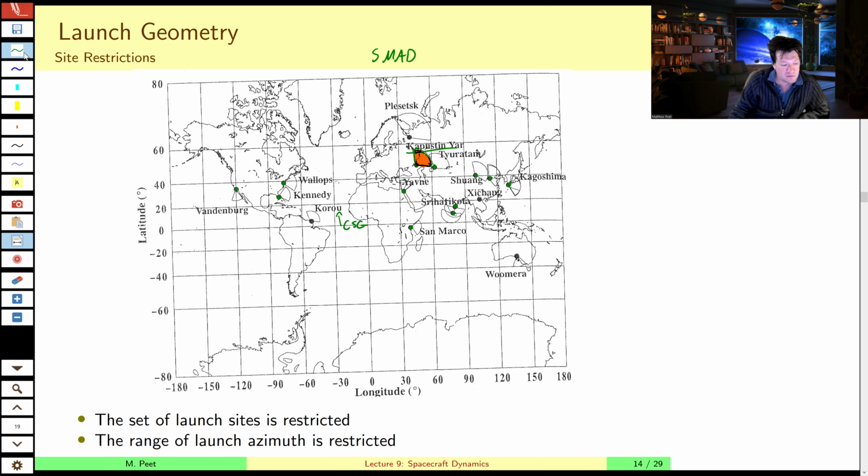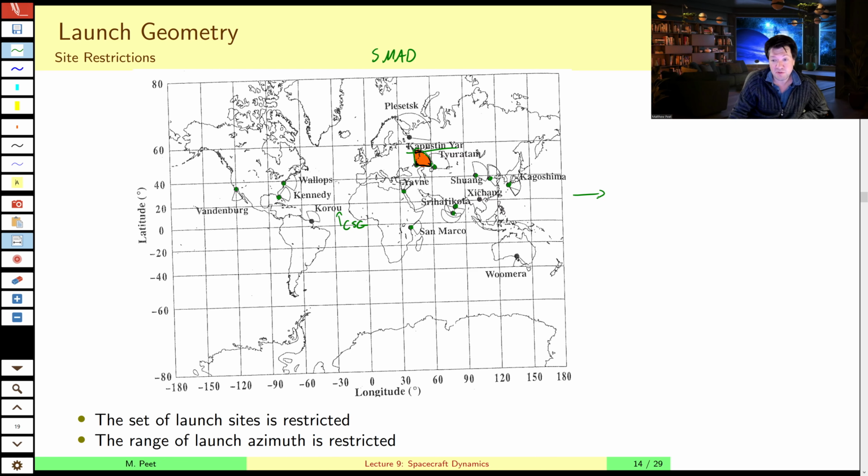Now, as you see, it's generally desired, and we'll go into this in more depth, to launch to the east. Right? So a majority of these launch sites are pointing east for the main reason that that's the direction we want to launch because of the prograde nature of the rotation of the Earth.